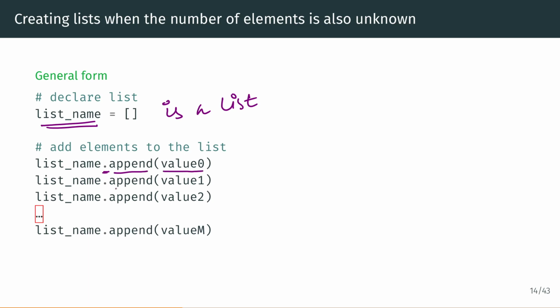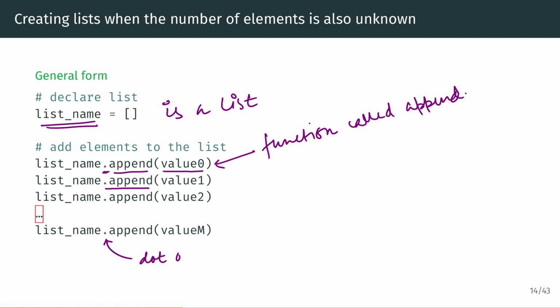Every time you call this function dot append, as you might have understood by now, this is a function called append, right? Some of you might know what this dot notation is, the dot operator, in which case there's nothing to explain. But for those who don't, you will learn this later on in the next course, which is CSC 135.